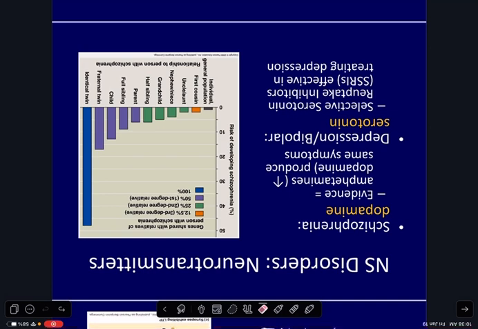But we know that that's not the whole story, because we know that there is a genetic component to schizophrenia. And how we know that is by looking at the likelihood that two people will develop schizophrenia depending on their relationship. If you are two unrelated individuals, you have a very low chance of developing schizophrenia.